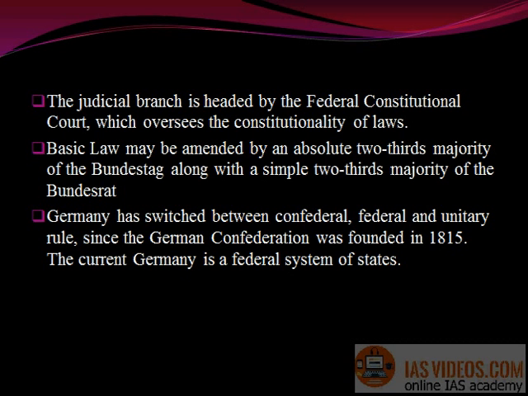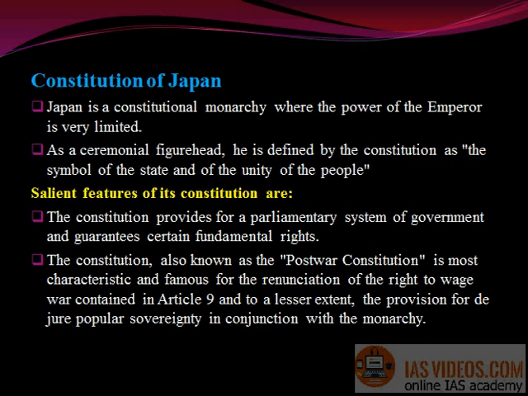Basic law may be amended by an absolute two-thirds majority of the Bundestag along with a simple two-thirds majority of the Bundesrat. Germany has switched between confederal, federal and unitary rule since the German Confederation was founded in 1815. The current Germany is a federal system of states.